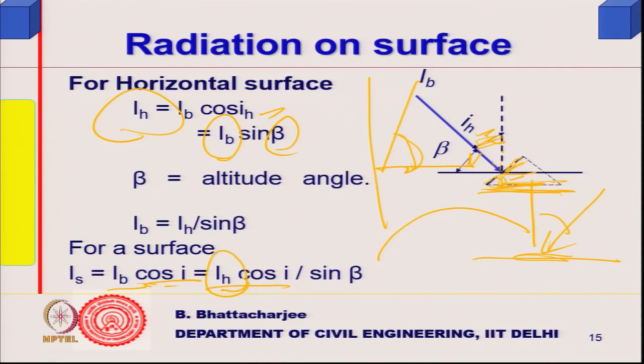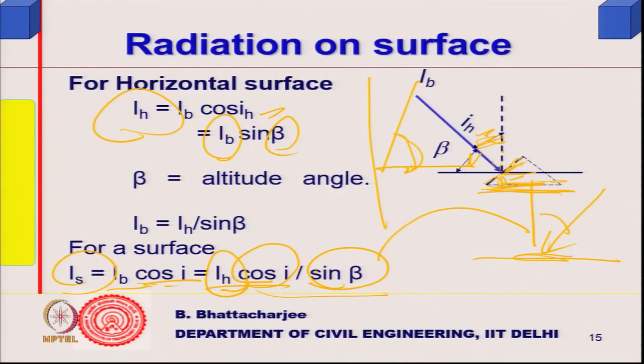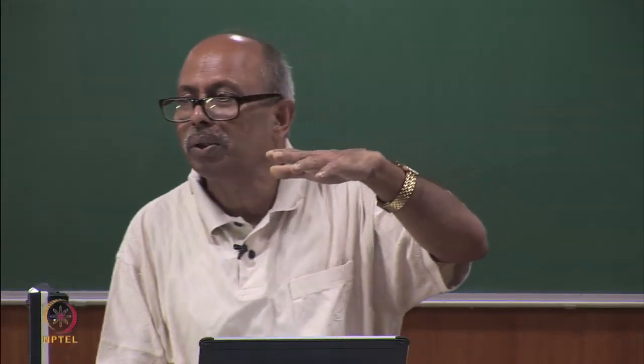So, if I measure horizontal radiation on a horizontal surface, that multiplied by cos I divided by sin beta will give me the radiation received on any surface, which may be inclined or whatever it is, it does not matter. Because beam radiation multiplied by the cosine of the incident angle will give you the radiation that is falling onto the surface. That is what we have seen in the beginning also.